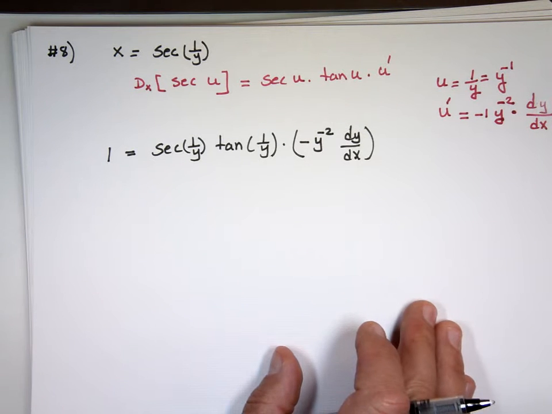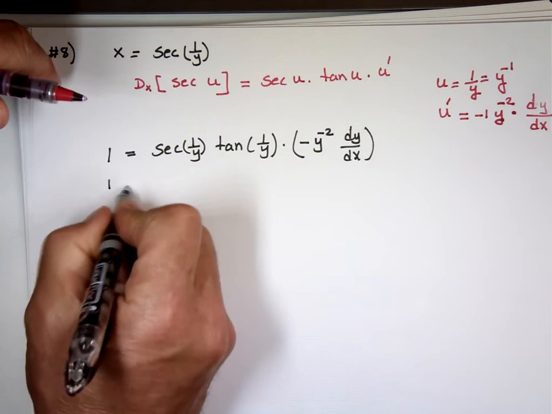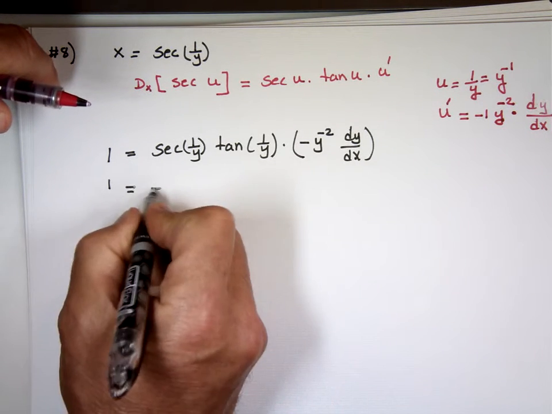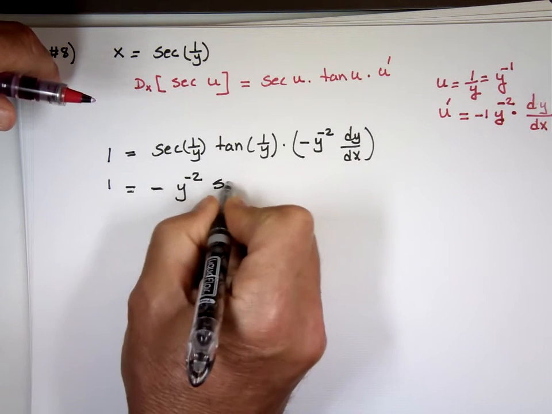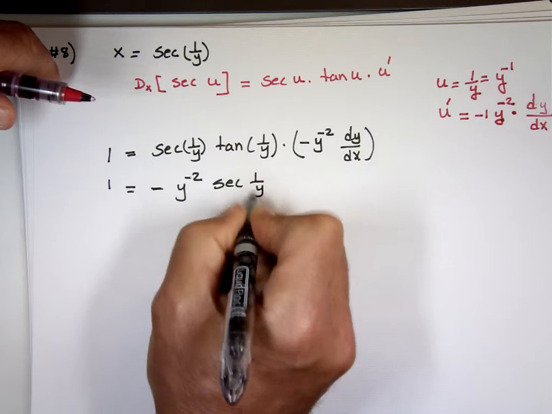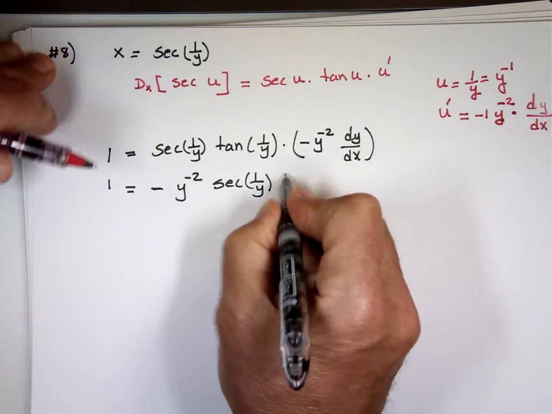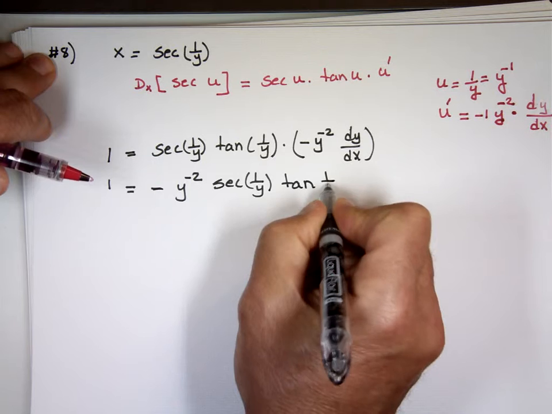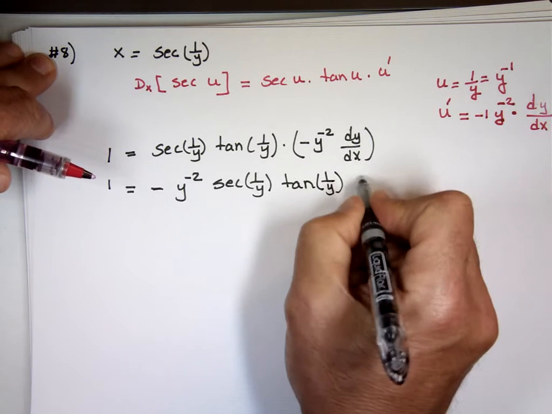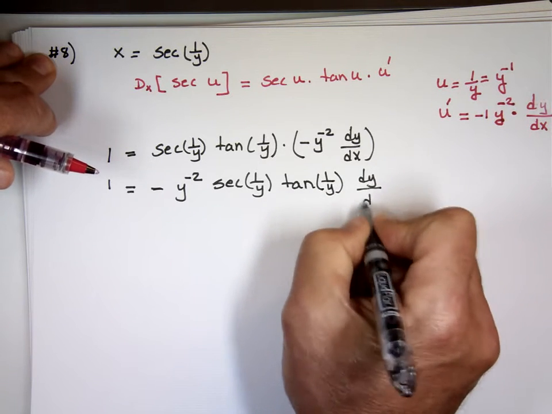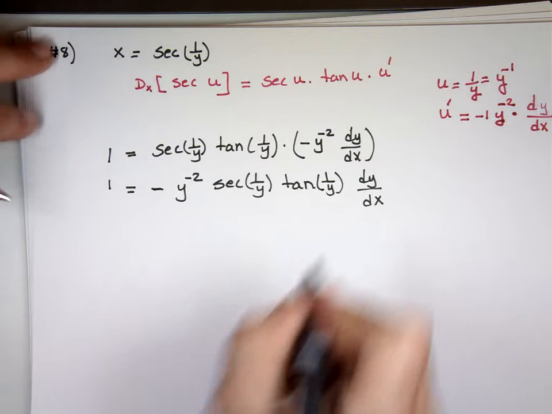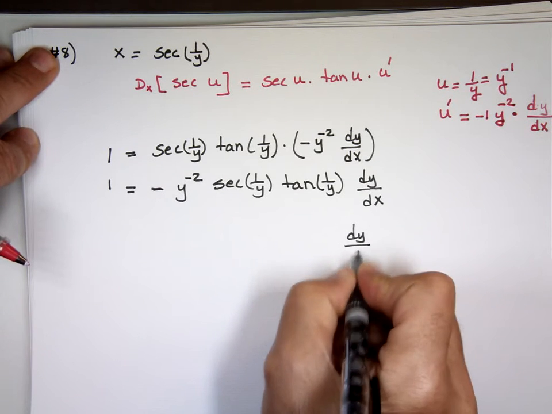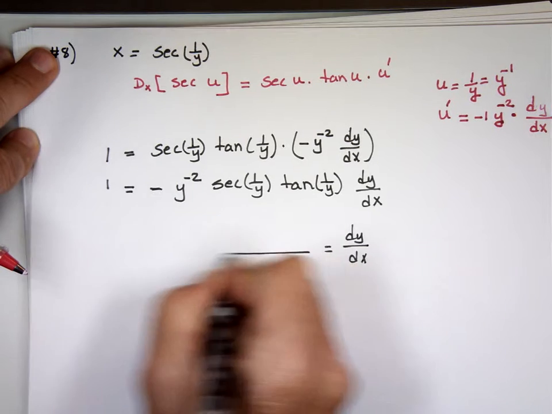Okay, let's clean it. There'll be a minus. I like this to go on the front. And to get dy dx, don't you want to divide everything by this one?